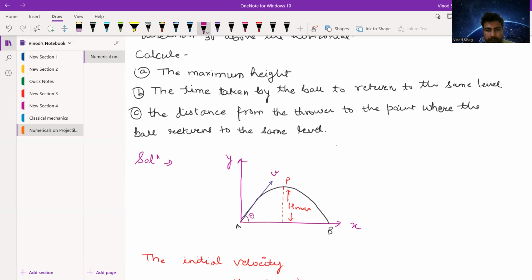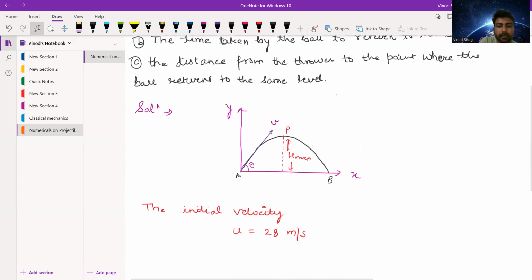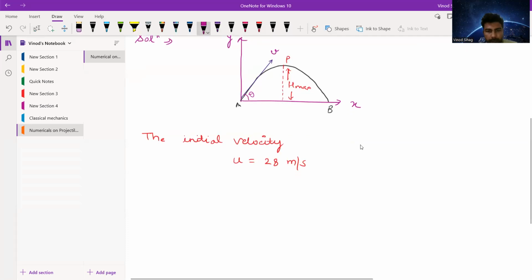Okay, and this is velocity u, initial velocity u. Now we'll write the angle, that is the angle given is 30 degree. Okay, so here the angle with horizontal is 30 degree. Okay, so we'll write here with horizontal.